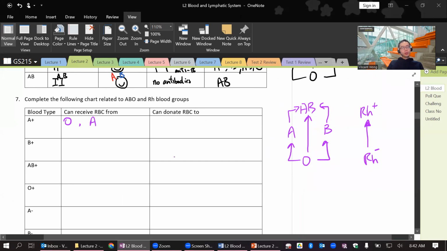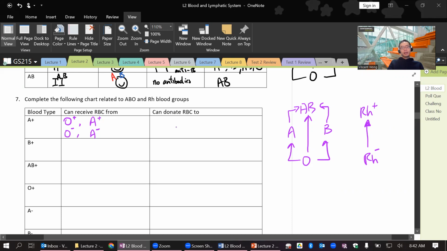But you must also include the Rh blood group. If the person is positive, they could receive from other positives, but they can also receive from negatives as well. So A positive can receive from all these people.